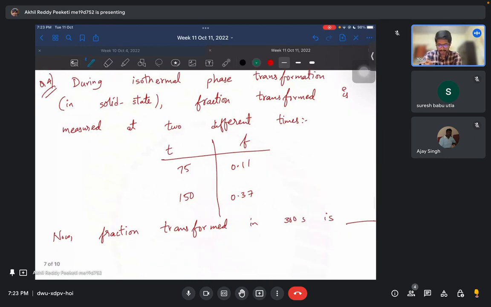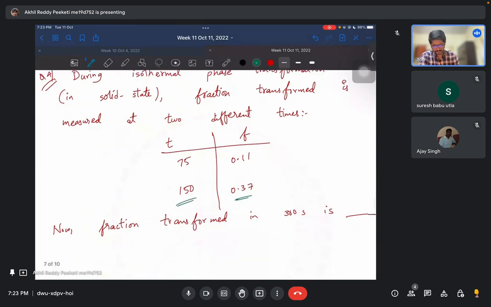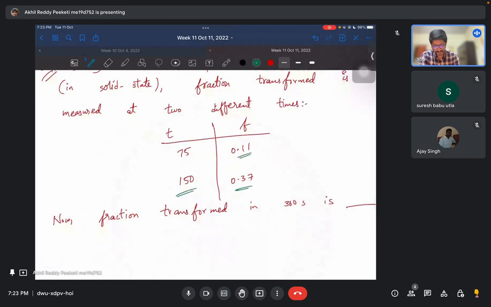Now, during isothermal phase transformation, fraction transformed is measured at two different times. At 75 seconds, only 0.11 fraction has transformed. At 150 seconds, 0.37. Now what is the fraction transformed in 300 seconds? Here they didn't give any law which it follows.